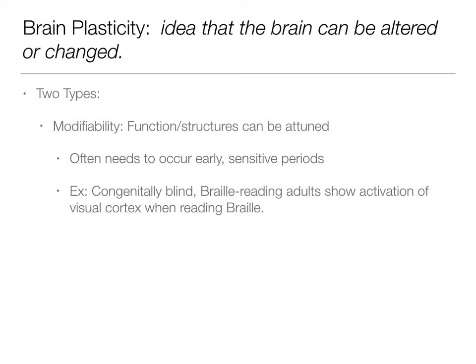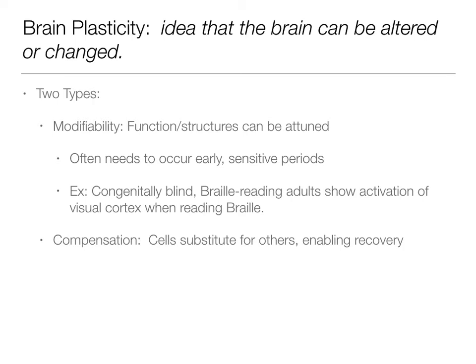But the brain's not going to say, ignore that piece of real estate because the eyes don't work or there's something else that's causing vision impairment. The brain's going to say, no, this is still viable brain real estate. We still want to use this, and it will modify it to be able to be used in a different way.